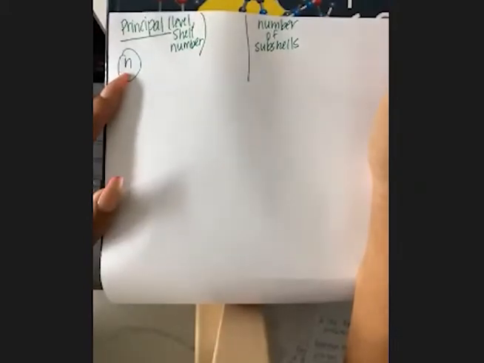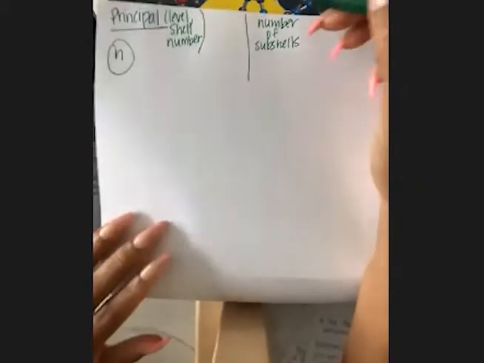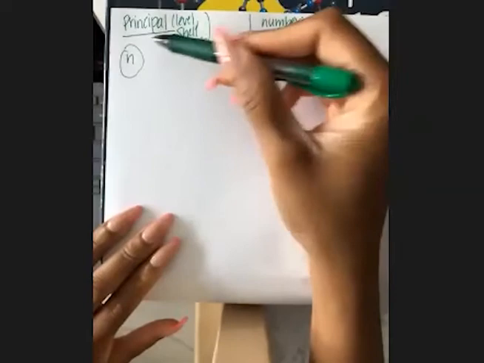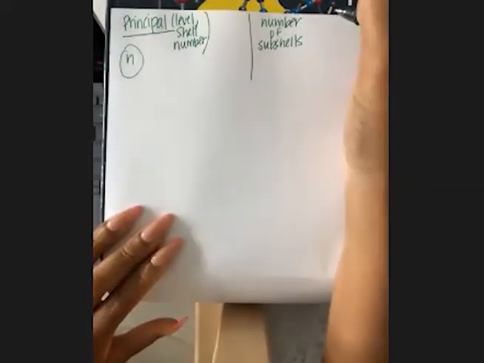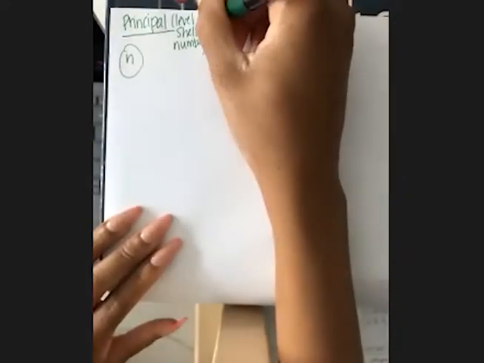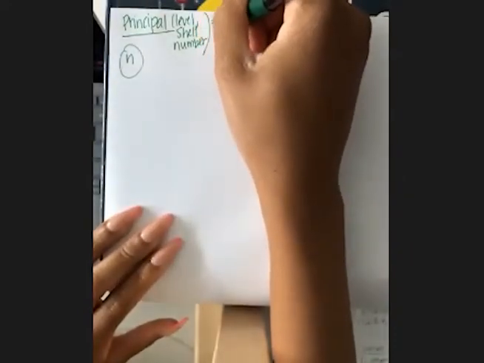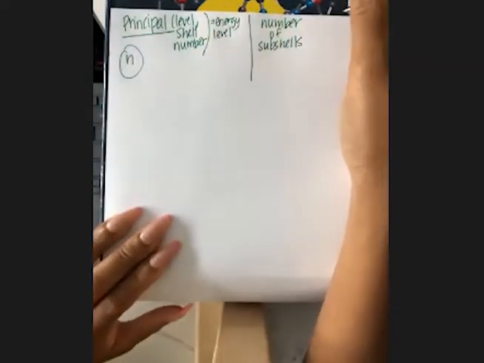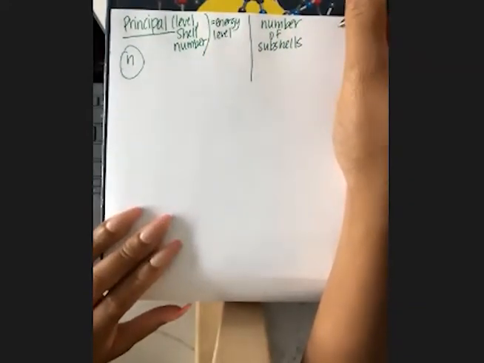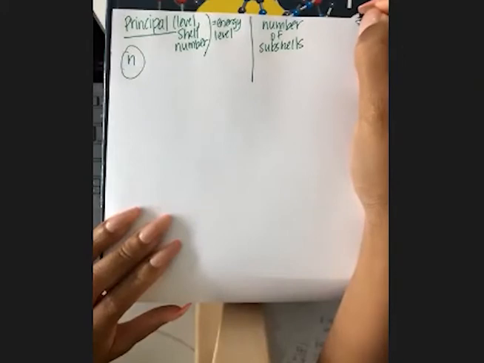Oh, okay, sorry. When I talk about the principal level or the principal shell or the principal number, I'm talking about N. It's basically the energy level. And then the number of subshells, we're calling this L, or the subshell letter is another way of saying it too.